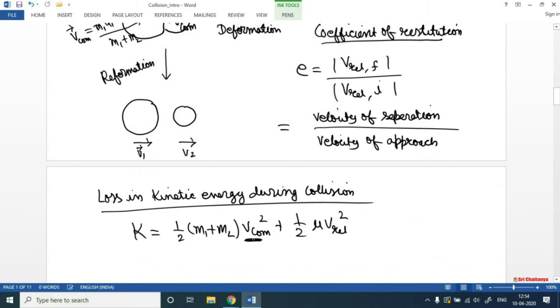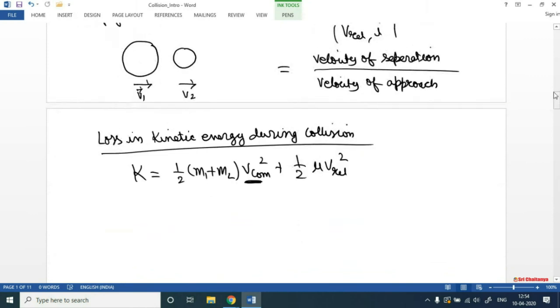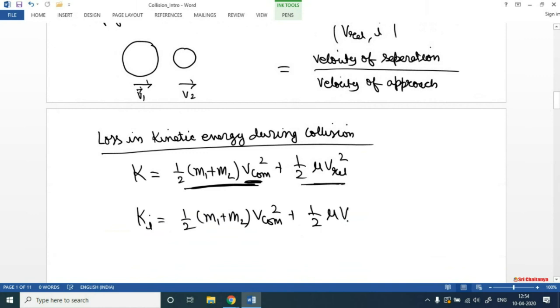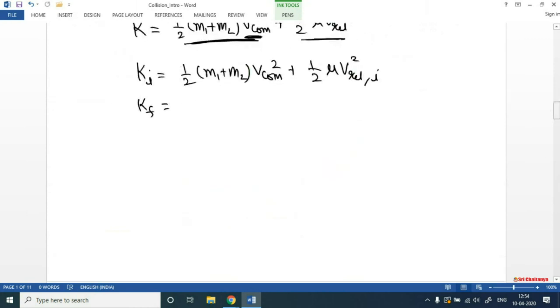Since the velocity of center of mass is not going to change due to collision, this term will remain unaltered. So before and after the collision, only this quantity will change. So initial kinetic energy becomes half (m1 plus m2) v com square plus half mu v relative square initial, and similarly we can write an expression for final kinetic energy.